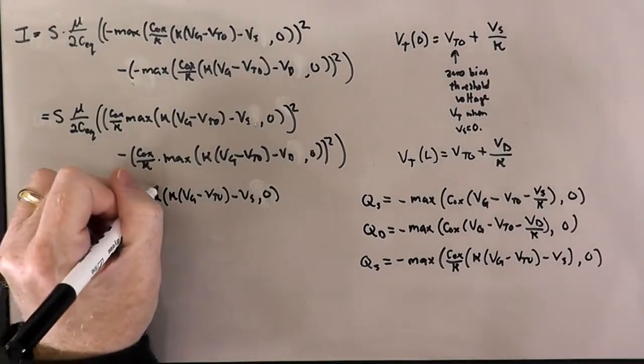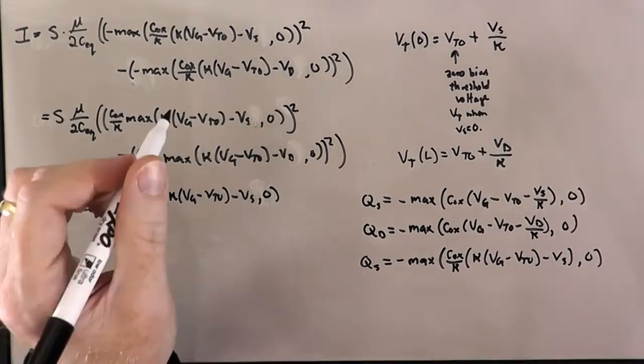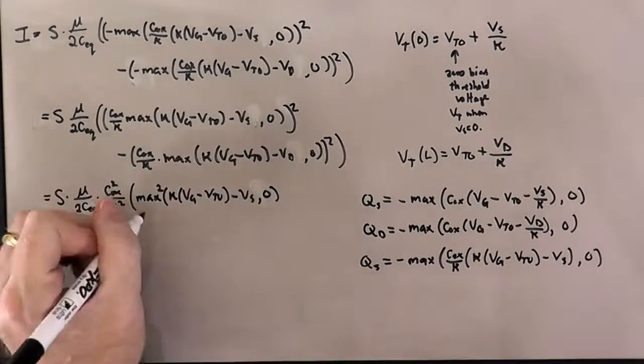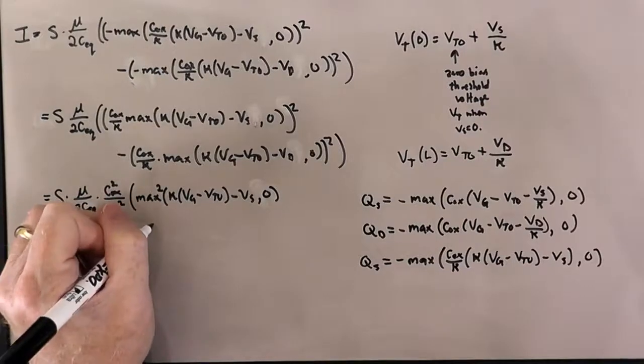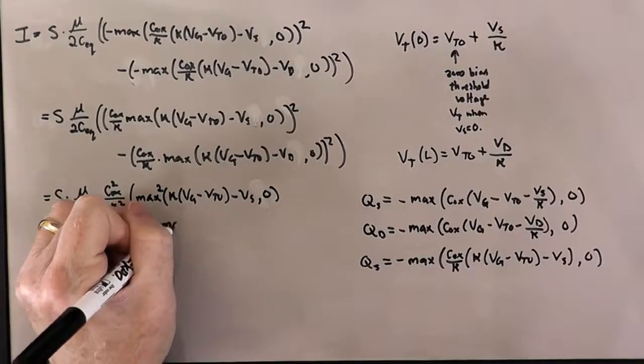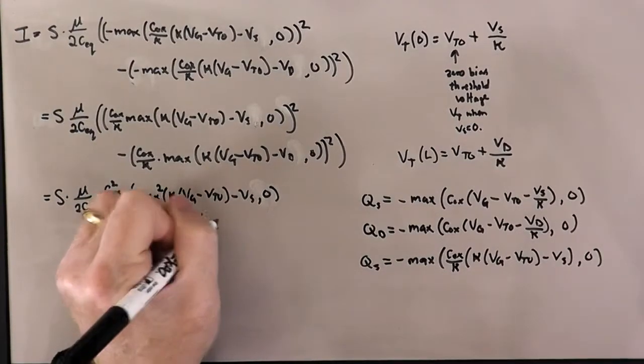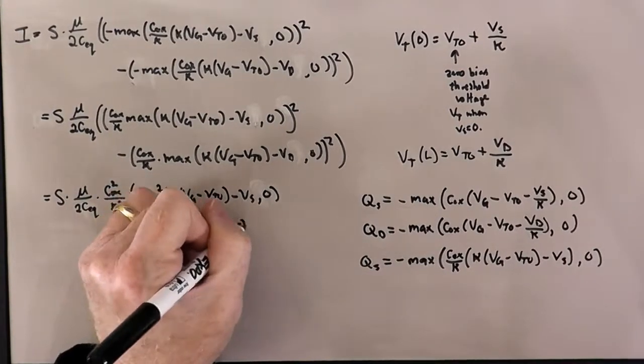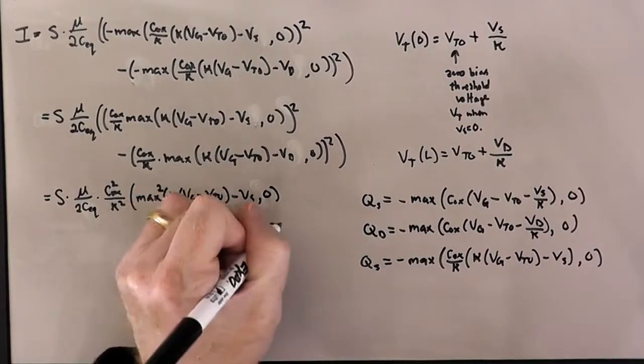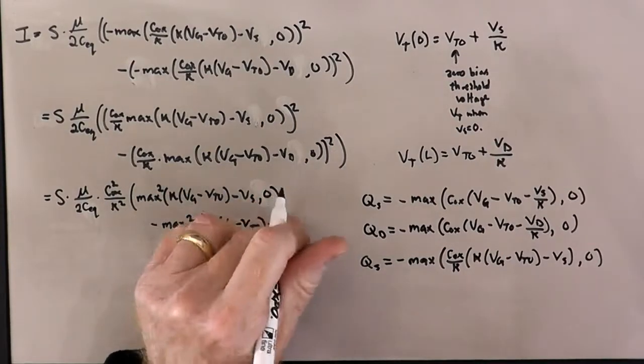And maybe I'll call this max squared, like sine squared x. Max squared of kappa Vg minus Vt0 minus Vs, rather Vd.